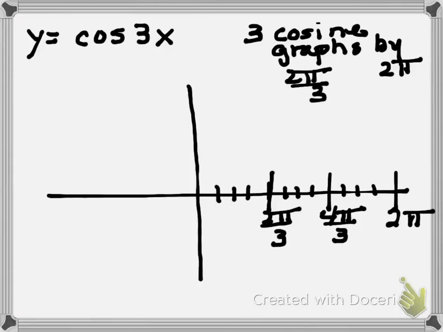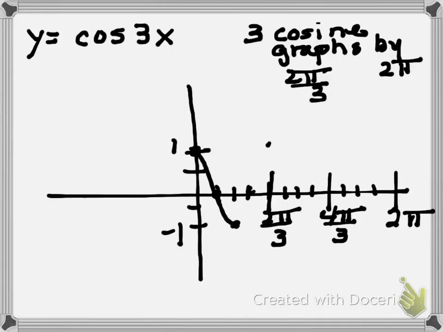So now I'm not using the same scale. I'm using a scale here a little bit different because it's going to be a little bit easier to graph. So now I know that the cosine curve begins at 1 unless I change the amplitude. So it's going to begin at 1 to 0 to negative 1 to 0 to 1.